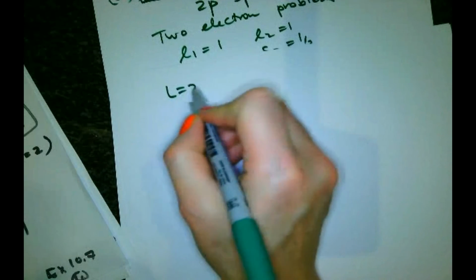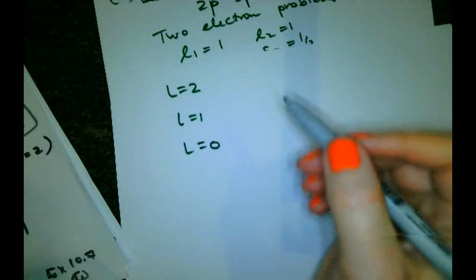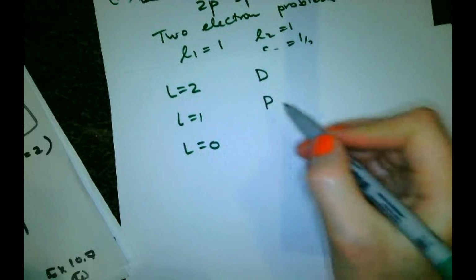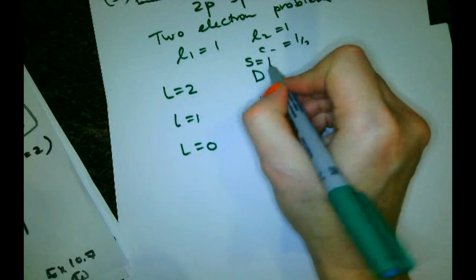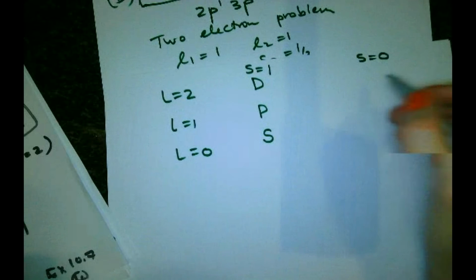So we have L equal to 2, L equal to 1, L equal to 0. That gives us a D term, a P term, and an S term. But remember, we have a spin equal to 1 scenario, and we have a spin equal to 0 scenario.